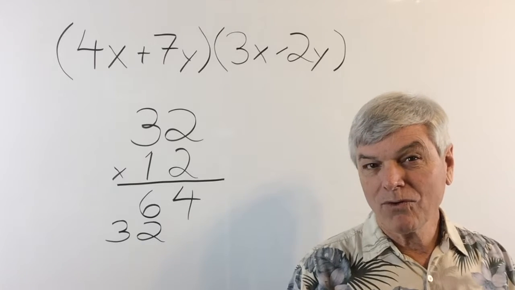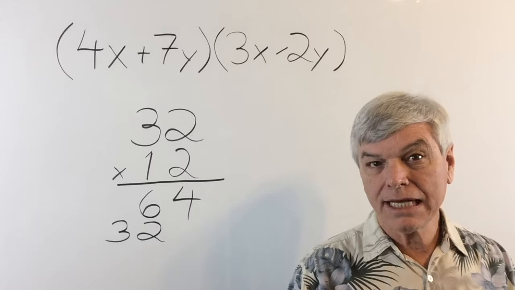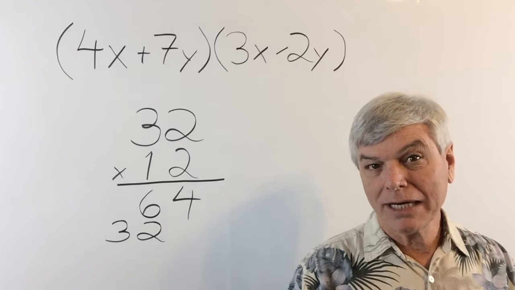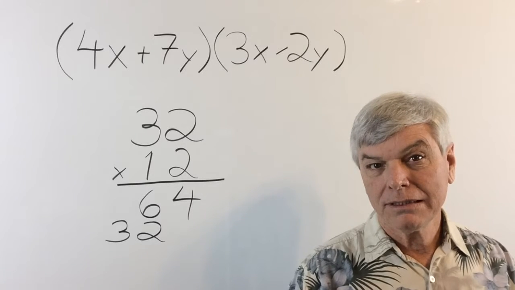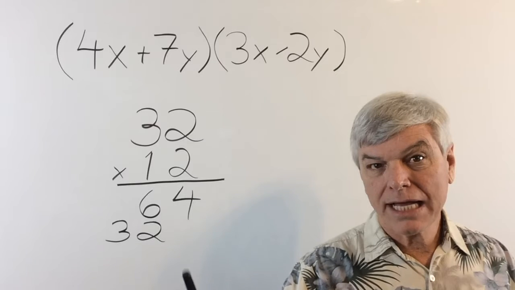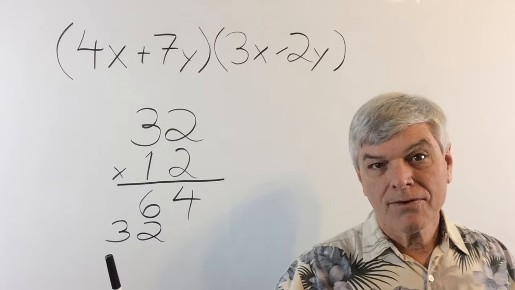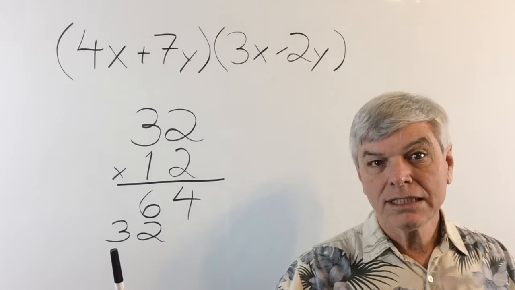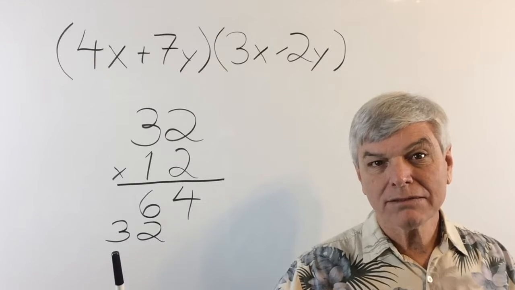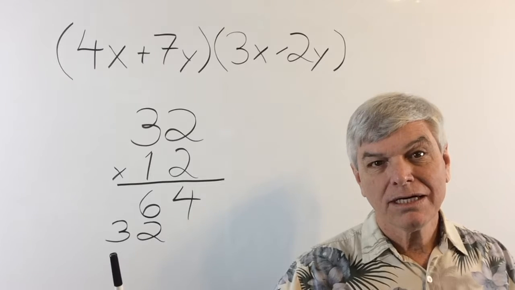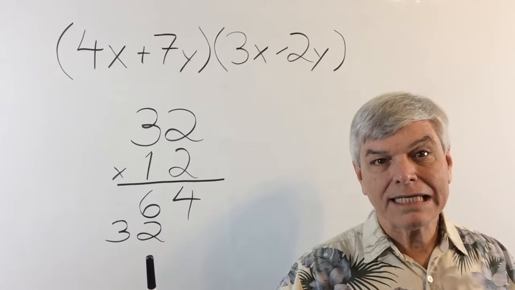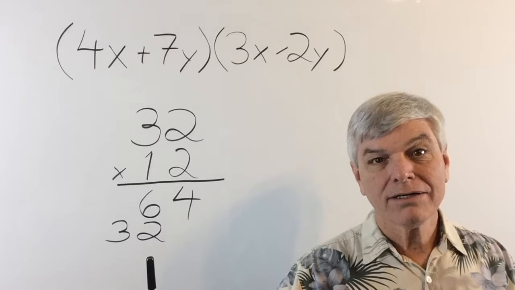Remember when we were doing FOIL, we had to add things together? And what are we adding together? We're adding like terms. Are there any units to add except for the 4? No. Are there any hundreds to add besides the 3? No. Are there any tens to add? Well, yeah.